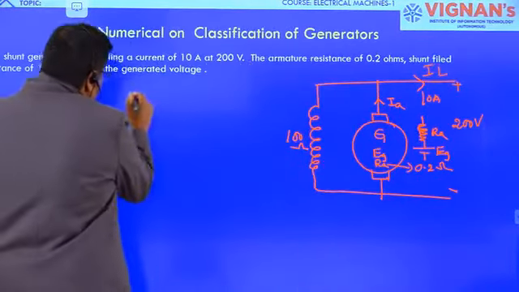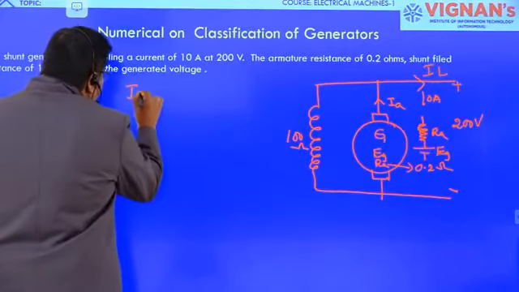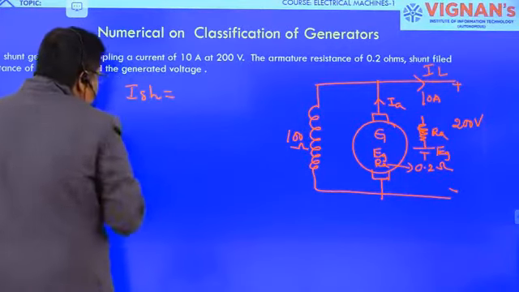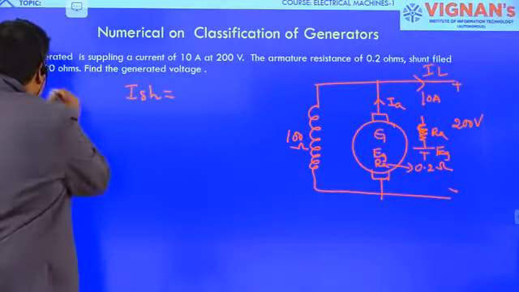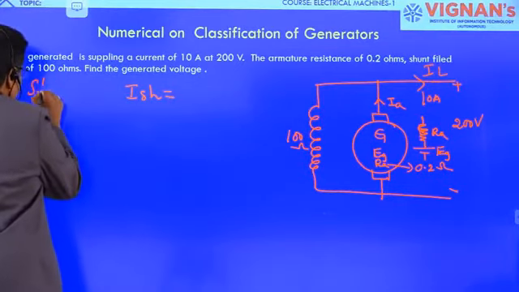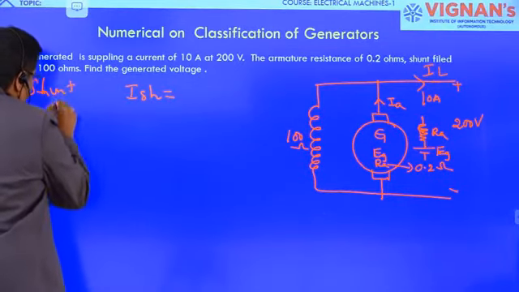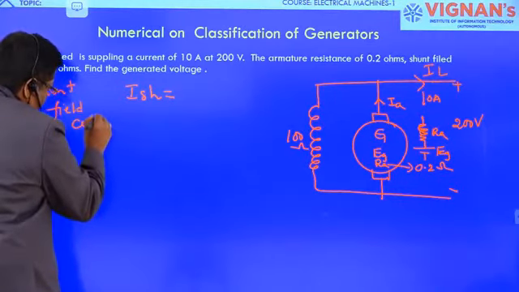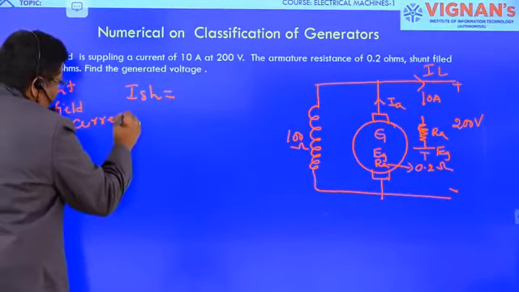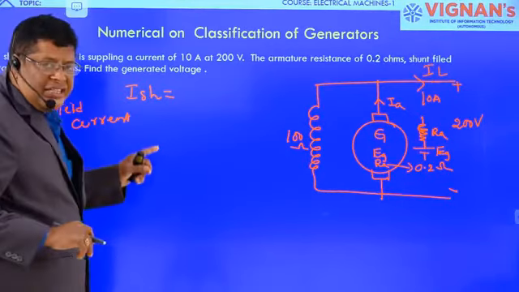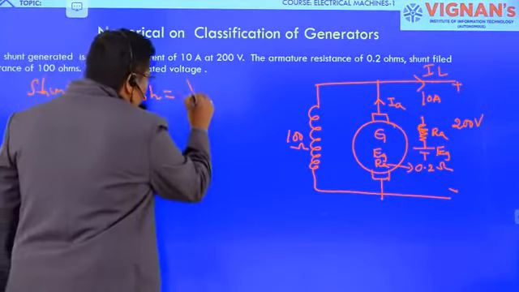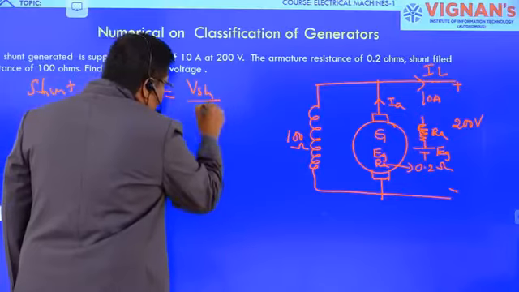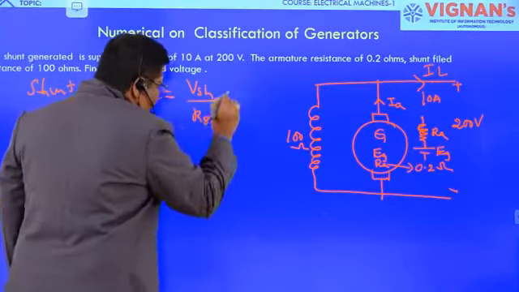Now the shunt field current ISH is equal to the voltage across the shunt field divided by the resistance of the shunt field.